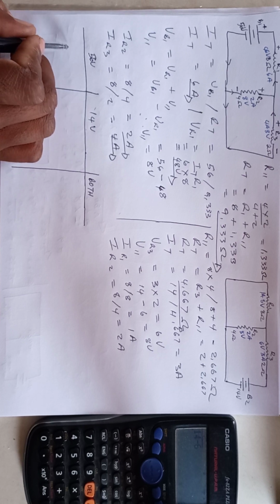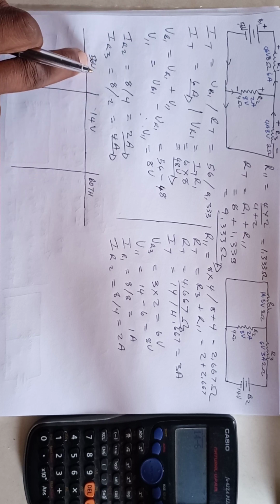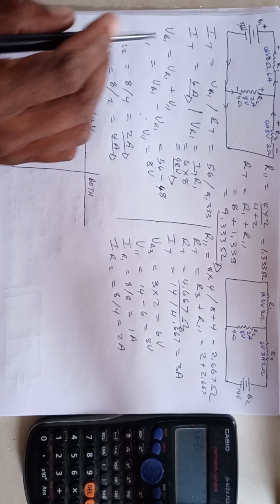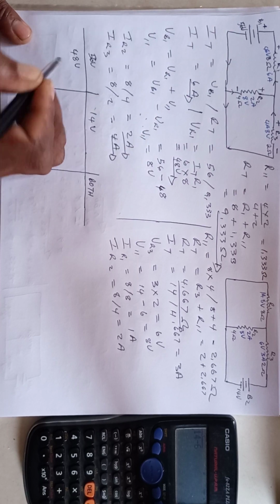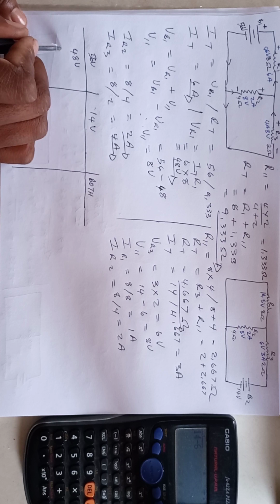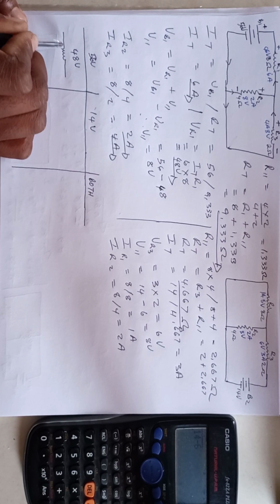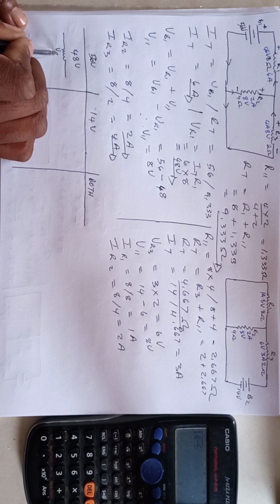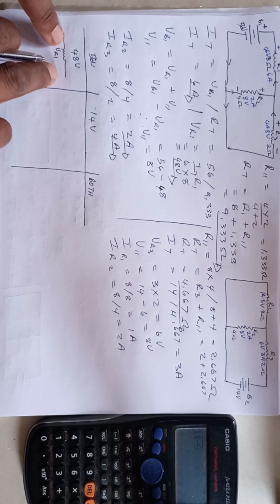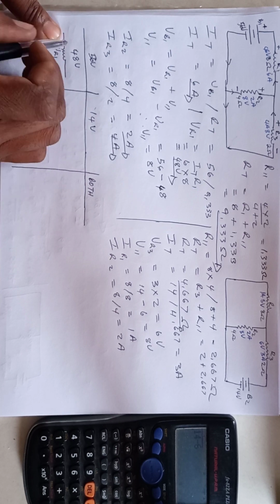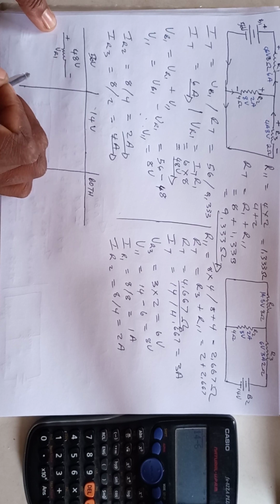What we know is that on R1, when we're using 56 volts, our voltage was 48 volts across R1. Let's draw R1 here. So that is the voltage across R1. So what is the polarity? Positive and negative.